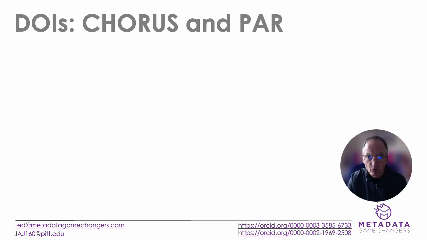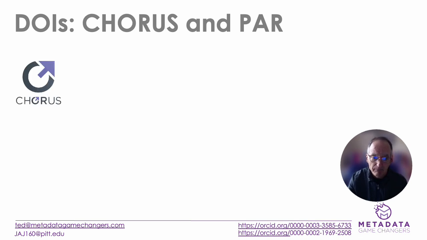So we talked about awards a little bit, and now we understand some of the challenges of getting awards. We now want to go to another step in higher resolution, looking at DOIs in Chorus and PAR. Finding DOIs associated with awards in Chorus is straightforward.